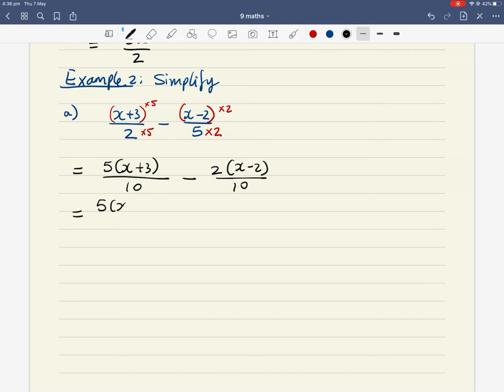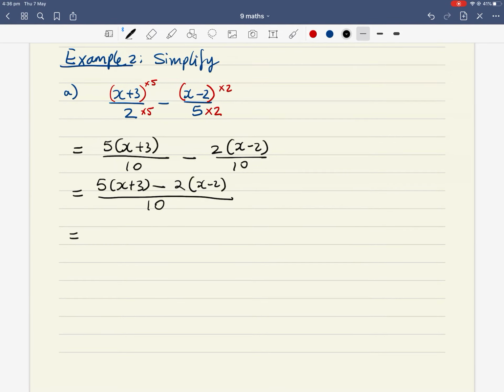Now, because you have the same denominator, you can put it over the same denominator. So it's 5 times x plus 3, minus 2 lots of x minus 2, all over 10. And then you just expand your brackets. So you get 5x plus 15 minus 2x. Be careful.